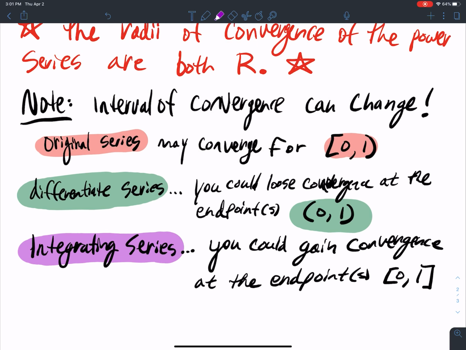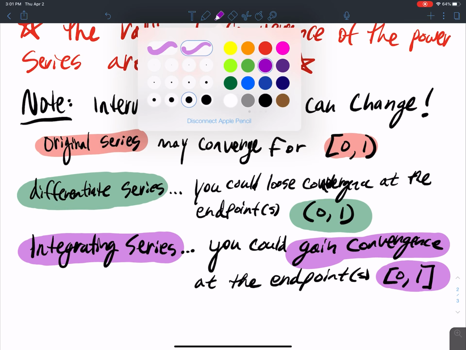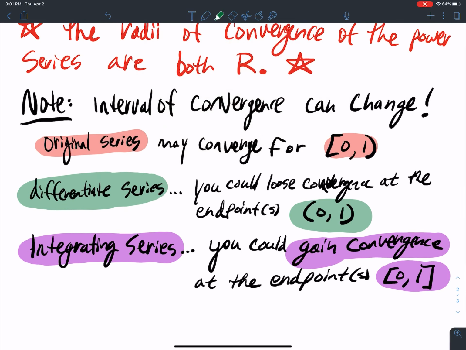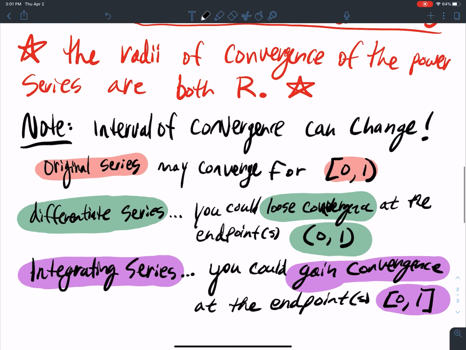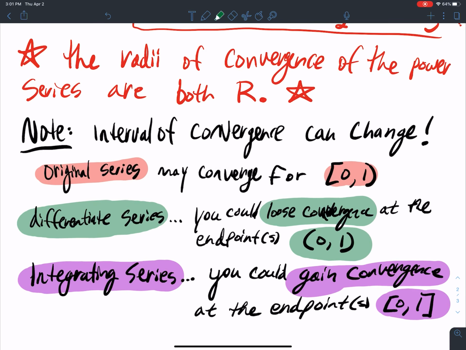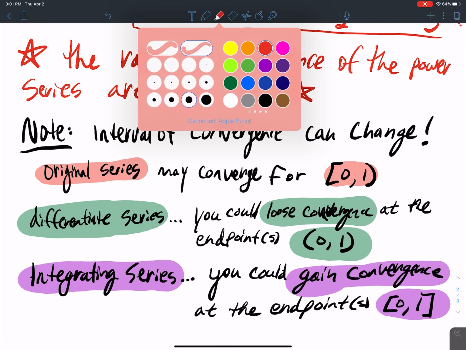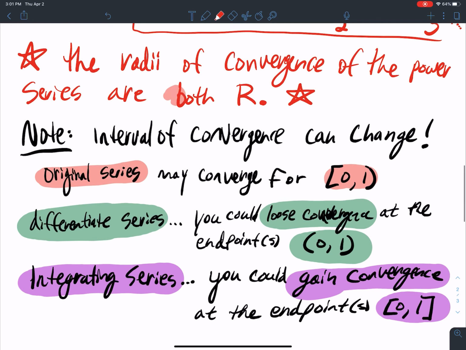So integrating the series causes you to potentially gain convergence, whereas differentiating the series might lose convergence at an endpoint. But no matter what, the radius of convergence is always going to stay r.